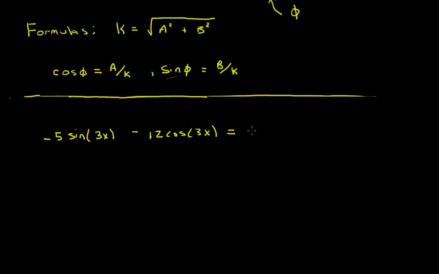Once again, this will be an amplitude k times the sine. Now since these have 3x on the left, we'll need 3x on the right, plus some angle phi. So as long as you have the same multiplier on both expressions on the left, you use the same multiplier on the right. Had one of those 3x's been something different, like cosine of 5x, then this formula would not work.